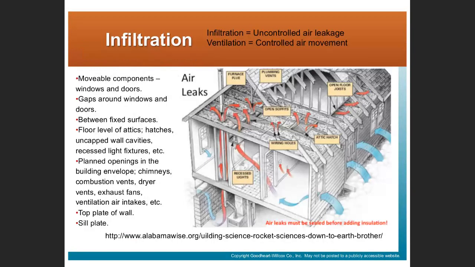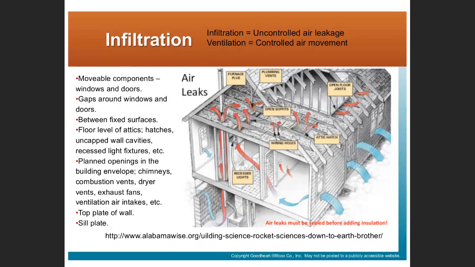Another thing we need to keep in mind as we are designing, building and retrofitting homes, we also have to look at air infiltration, right? That's all the sources of leakage, all these places where dissimilar materials come together. We have the potential for air leakage.